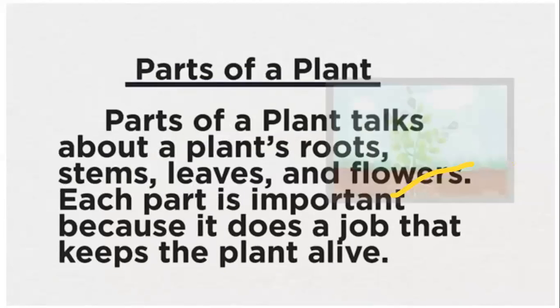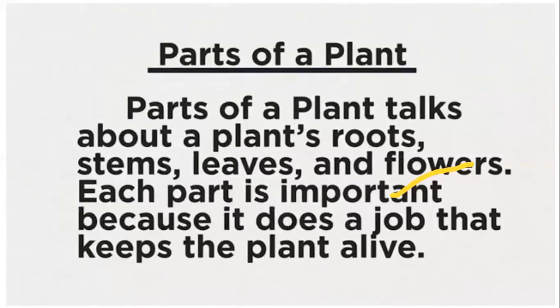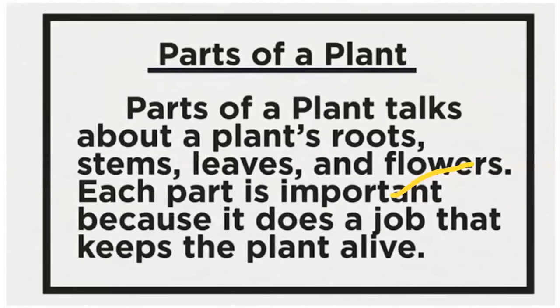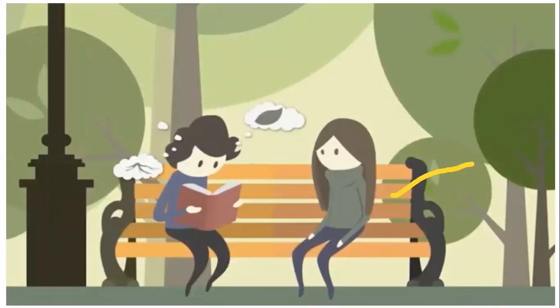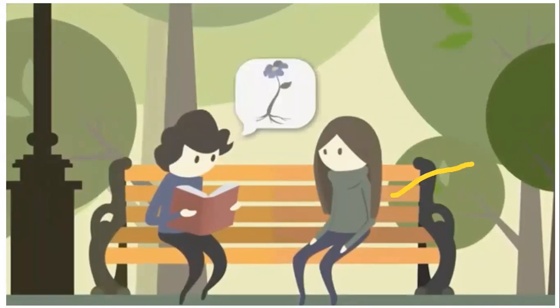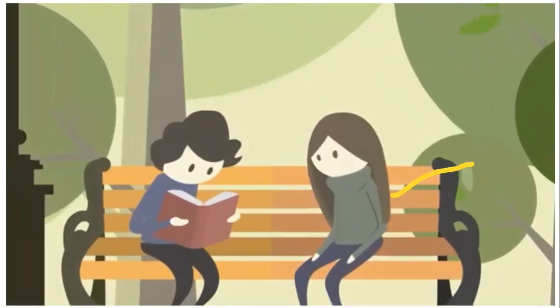Notice that the summary does not give every detail about the job each plant part does. It just gives the main idea of what the whole text is about. The next time you read an informational text, see if you can pick out some of the facts. Next, tell someone else about what you read. Talking about the text will help you understand and remember the information.